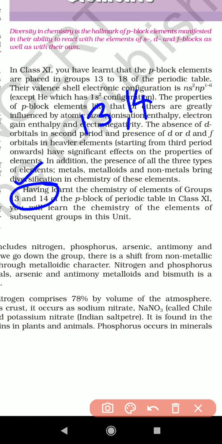You will learn the chemistry of the elements of the subsequent groups in this unit. So the remaining groups, that means 15, 16, 17 and 18, these four groups of elements we are going to study in this chapter.